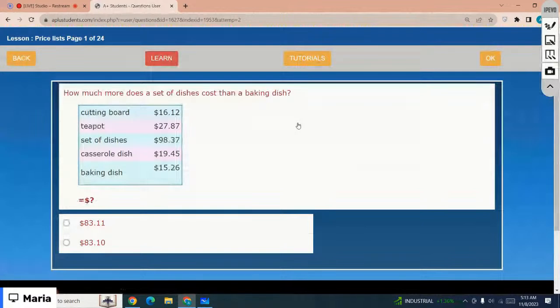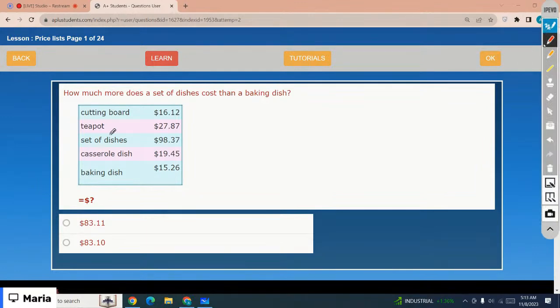How much more does a set of dishes cost than a baking dish? Okay, so set of dishes is 98.37 and baking dish is 15.26.